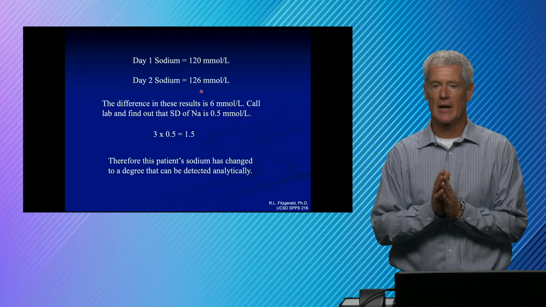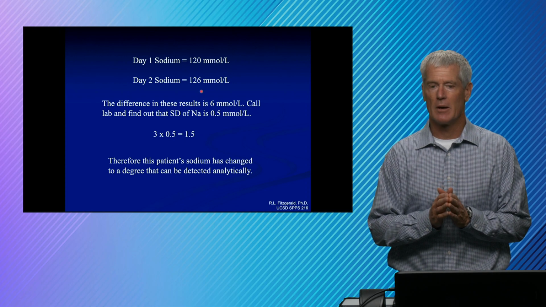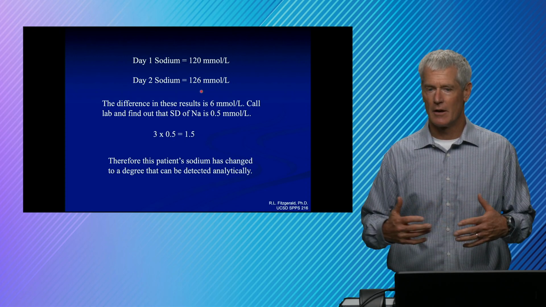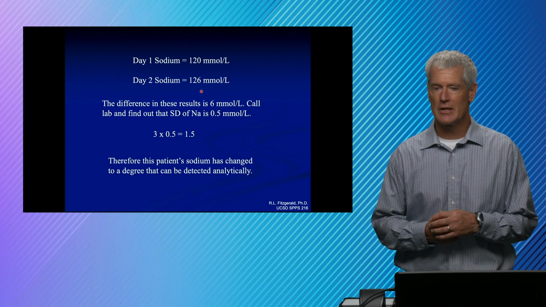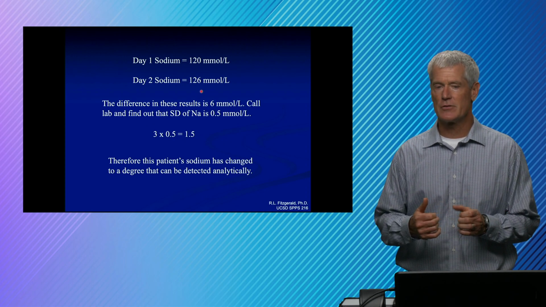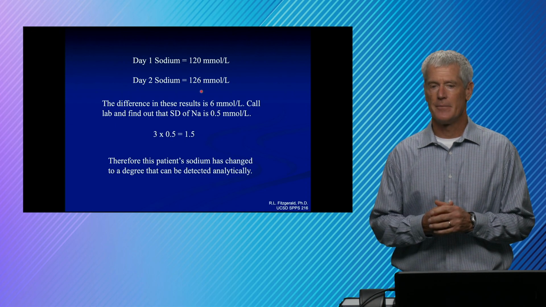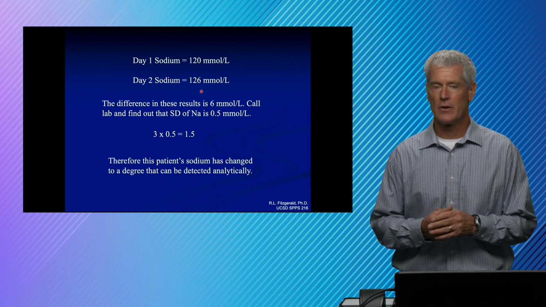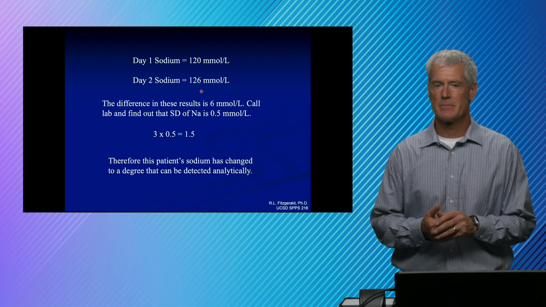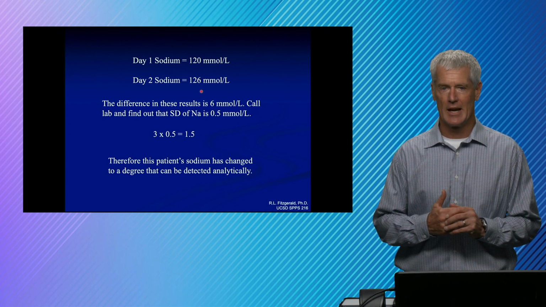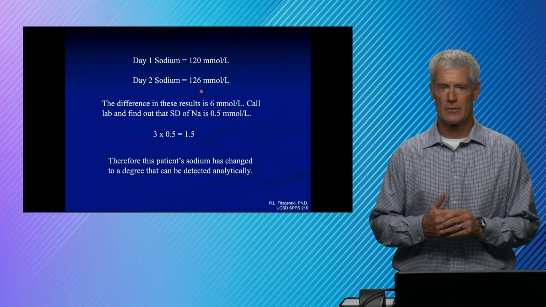Both of these values are varying, so it comes out to be about, it's really 2.7, but we rounded up to 3 because of other assumptions that we're making. Essentially, if lab tests have changed by 3 standard deviations, then they're analytically different. And if they're analytically different, then you can start to make some determinations about biological differences. But if they're not analytically different, then you can't say anything about biological difference.